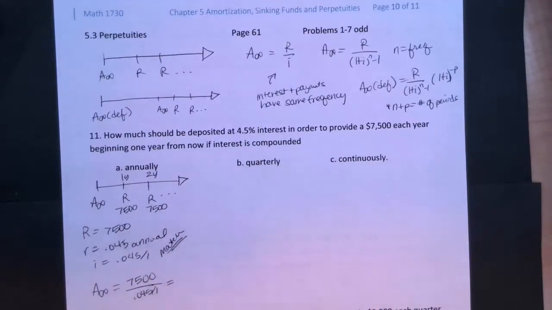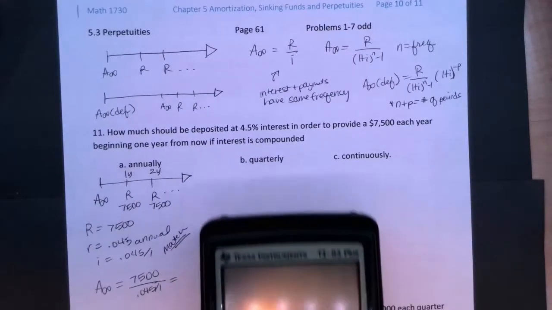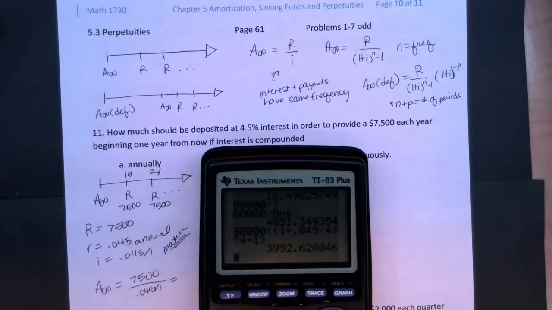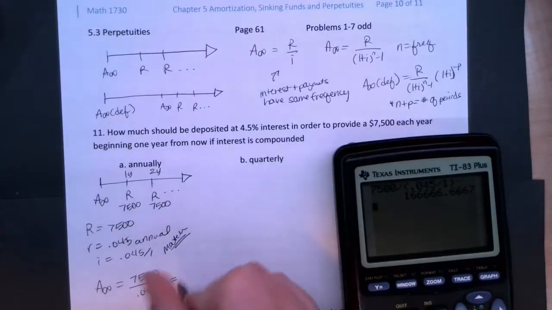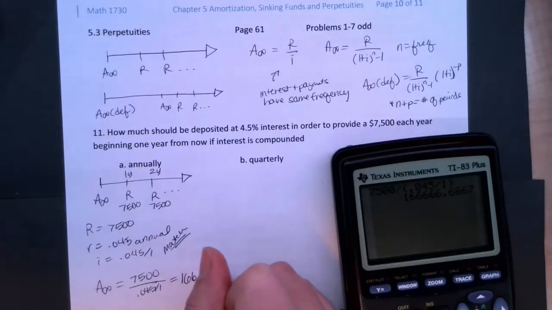When we do that on our calculator, make sure when you have more than one thing in your denominator, you put parentheses around it. So we get $666,666.67, rounding to the nearest penny.